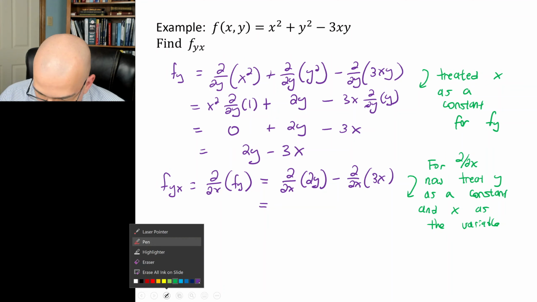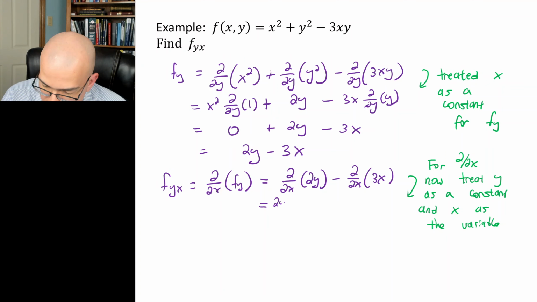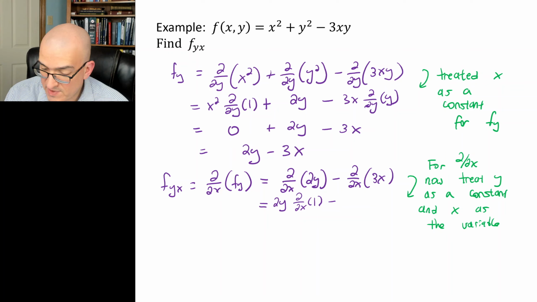Okay, so I'm going to take the 2y out. I'm going to have d by dx of 1 minus the derivative of 3x, which is just 3. So I'll have 2y multiplied by 0 minus 3. We get negative 3 as the answer.